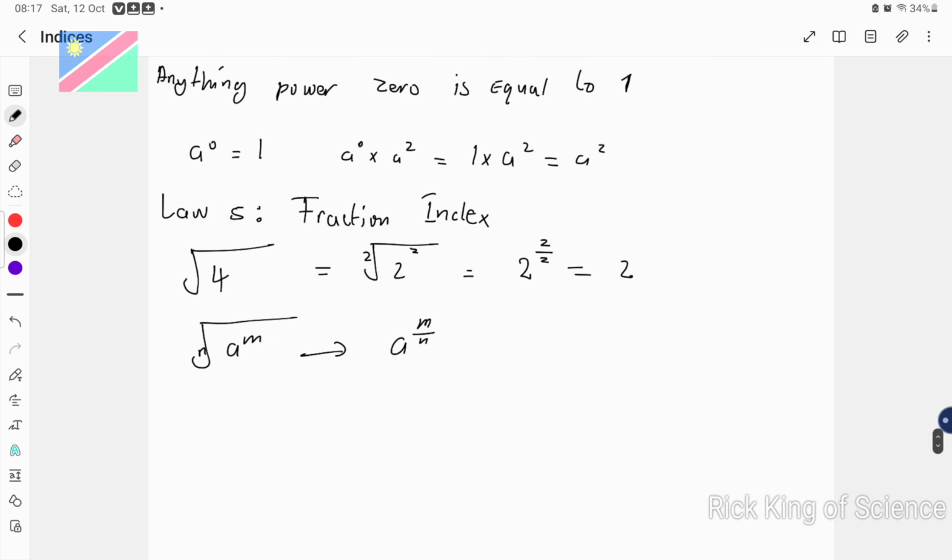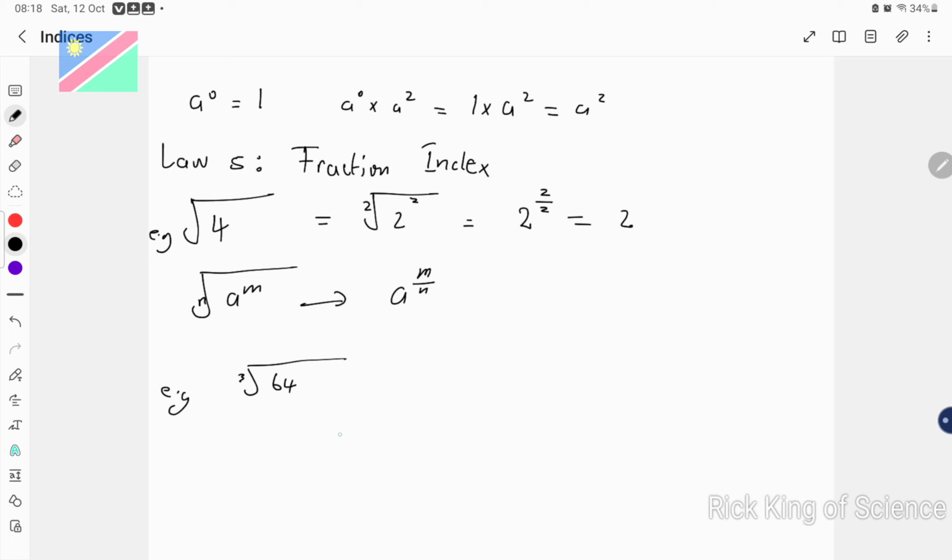Okay, so because of that, I can solve many problems. Let's say I have maybe the cube root of 64. Now you are asked to solve that without using a calculator. What are you going to do now?